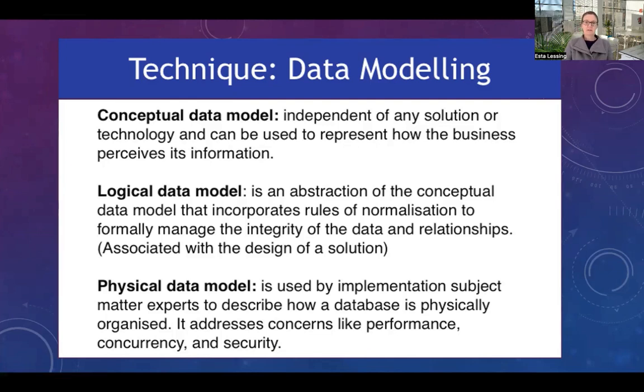And a logical data model is an abstraction of the conceptual data model, but it also incorporates some rules of normalization to formally manage the integrity of the data and its relationships. And this is where we get interested, because this is the entity relationship diagrams that we'll be discussing in the next few slides.